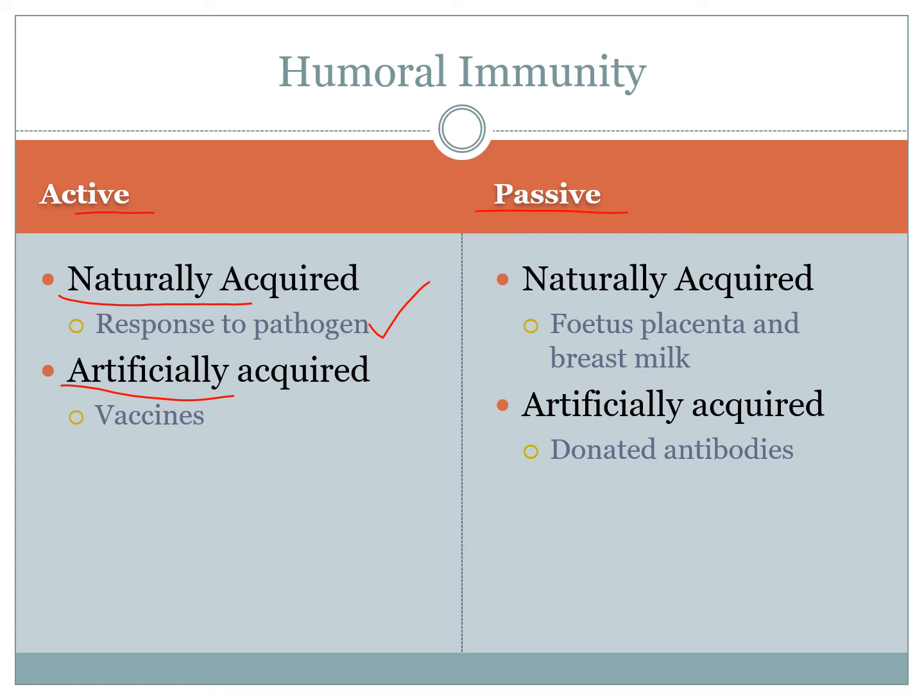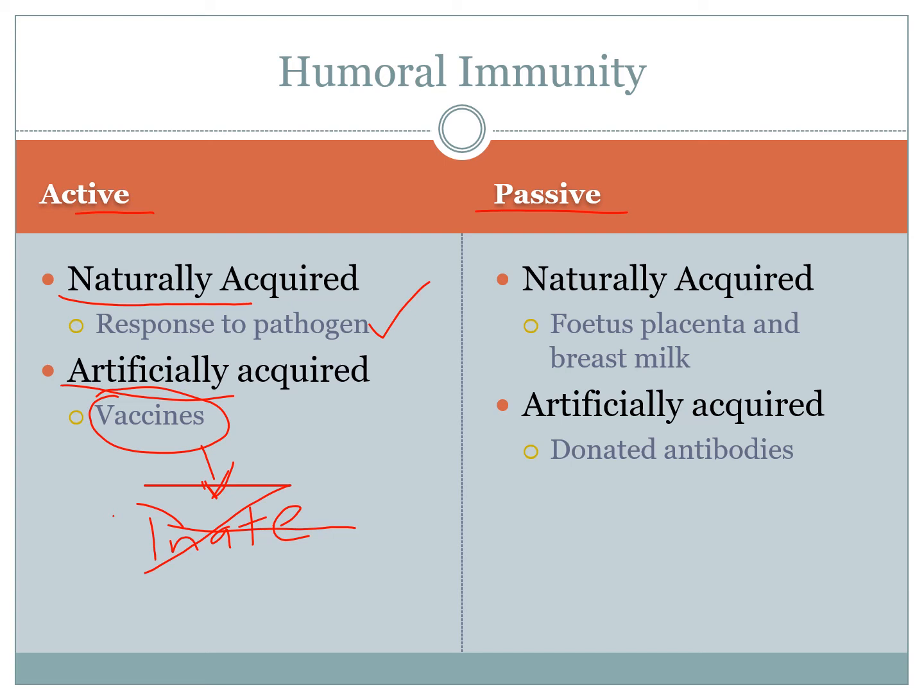Now, vaccinations are also an active way of getting immunity because it's not putting in antibodies, it's putting in an innate version of the antigen or the pathogen itself, and therefore it will produce antibodies through it. Now, the reason you need boosters and why vaccinations can sometimes not last as long as your naturally acquired immunity, which can be for life, is because the artificial antigen triggers directly to the helper T cell.